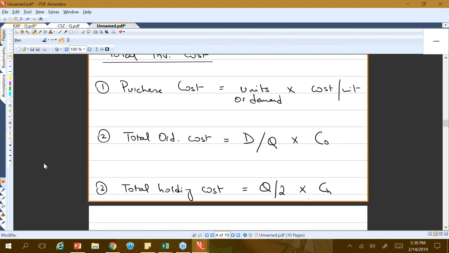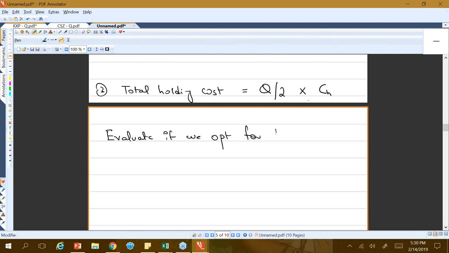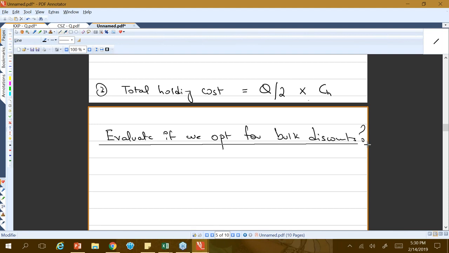Now, another thing here is that the examining team sometimes asks us to evaluate if we opt for bulk discounts. So first of all, we need to understand this.